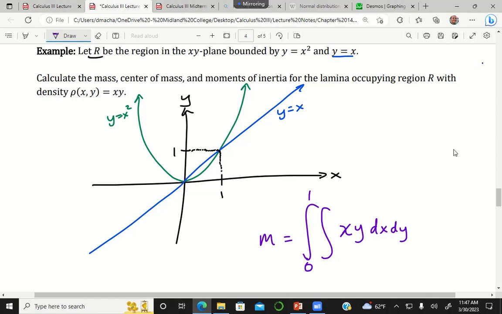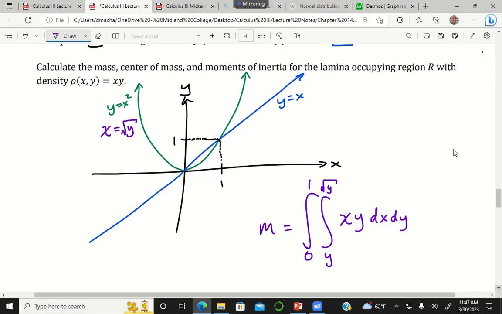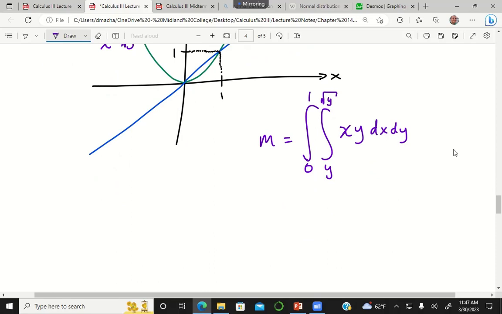The blue line is going to be my lower bound of my x variable. That's why I'm putting a y there. And then the upper bound is going to be the green curve, which is y equals x squared. But if I rearrange in terms of x, this would be x equals square root y. So it's going to go from y to square root y. That's one way you could set up that integral.